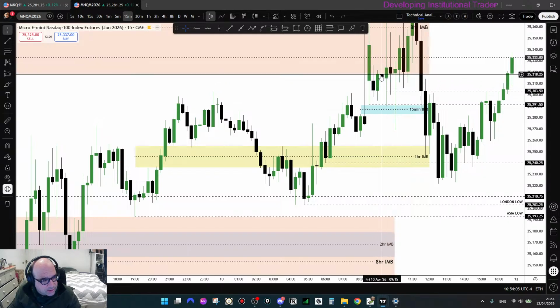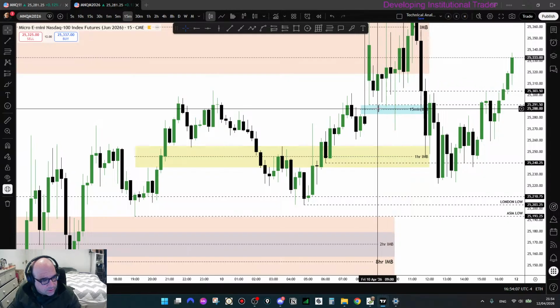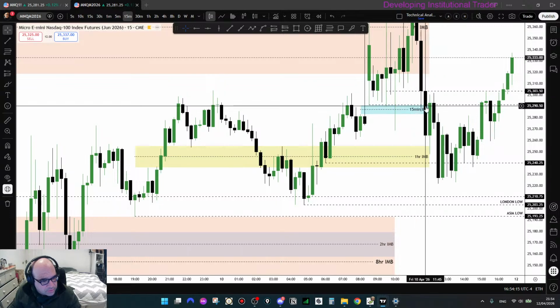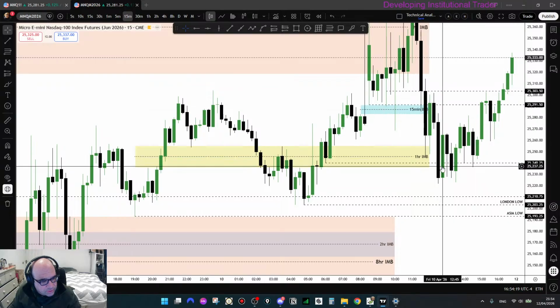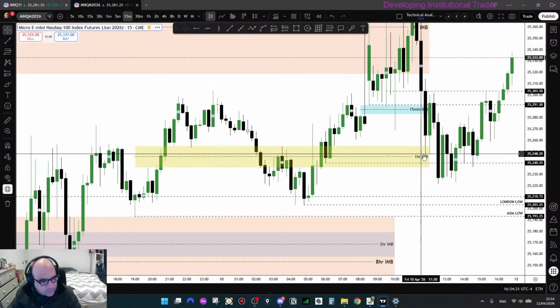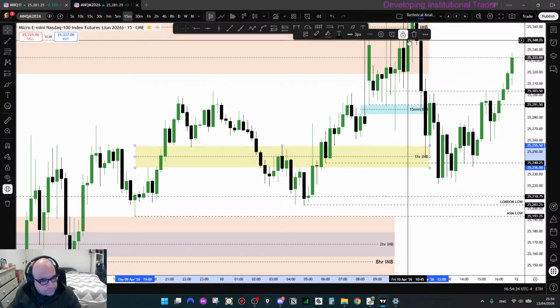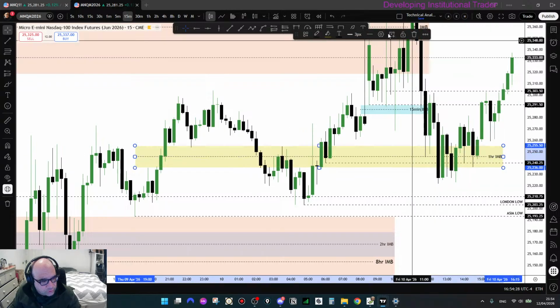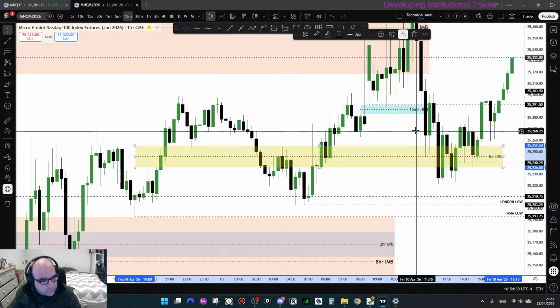We don't see any candle closing below the 15-minute imbalance, so it means that it should hold. So we see here the 15-minute actually broke, and then it reversed, so the market reversed because it wanted to test this 1 hour imbalance here. Okay, there we go.